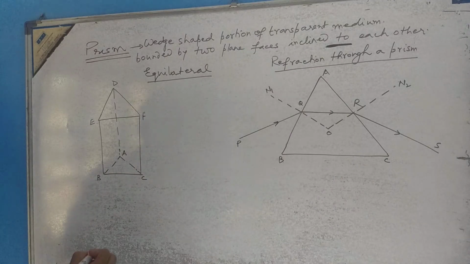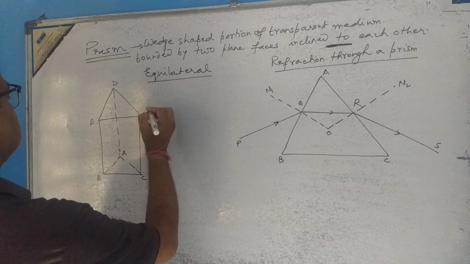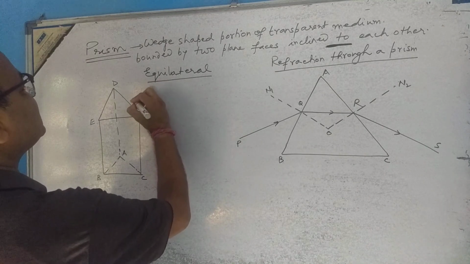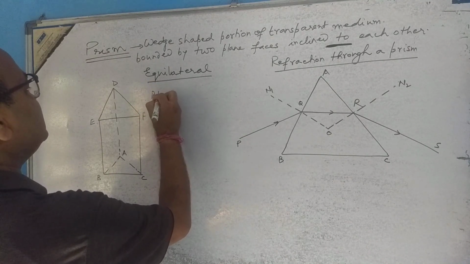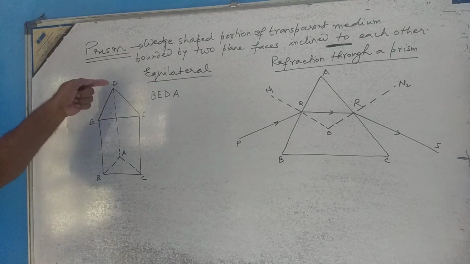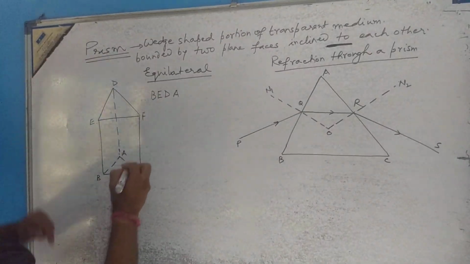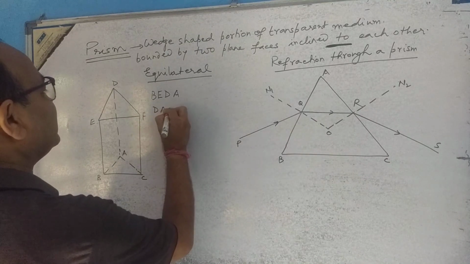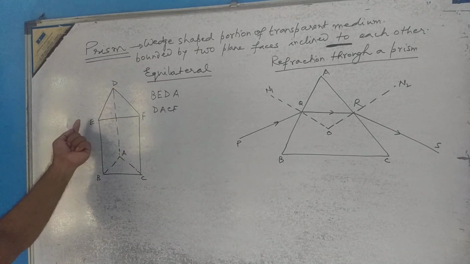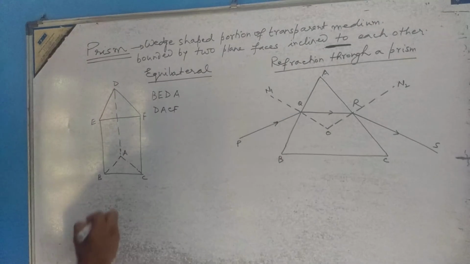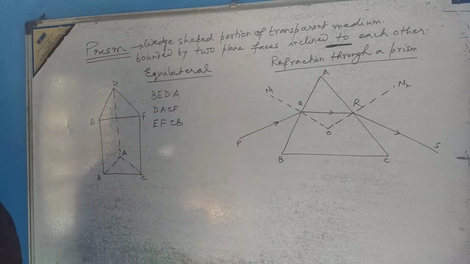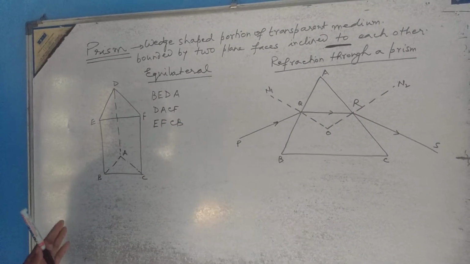What are the surfaces? BEDA, okay. The second surface is DACF, and the third surface is the front one, EFCB.